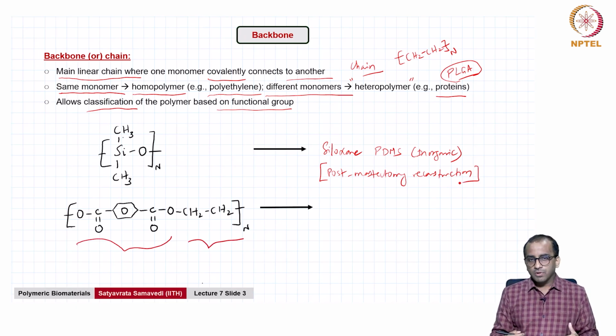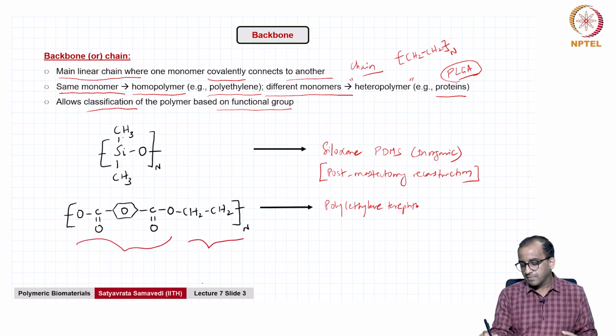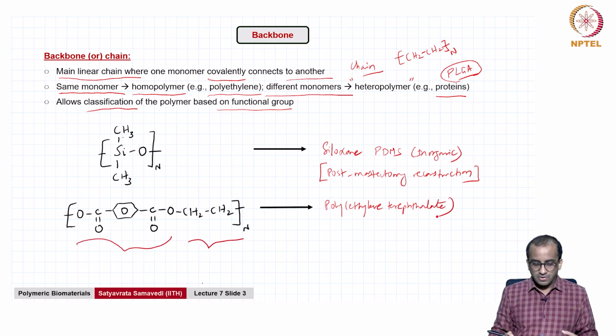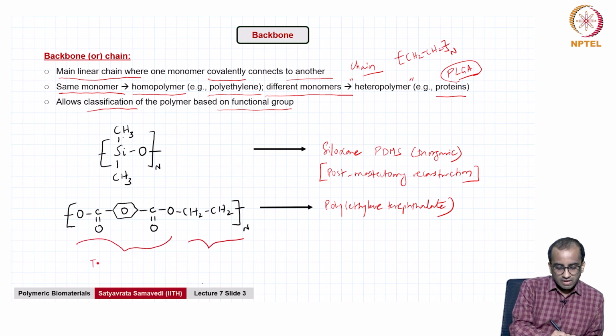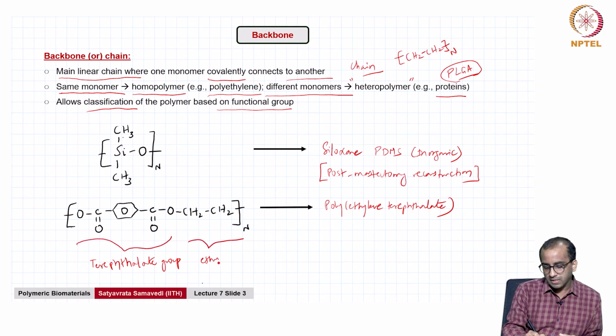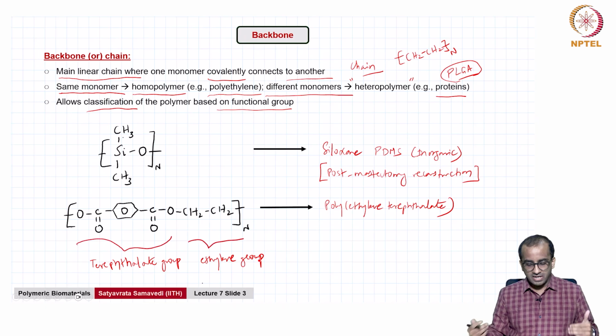Shown below is an example of a polymer called polyethylene terephthalate, where you have the terephthalate group and the ethylene group, leading to a long chain again, and hence the name polyethylene terephthalate.